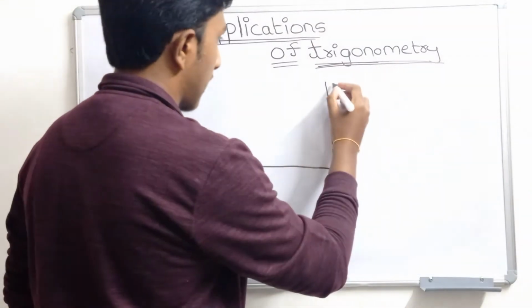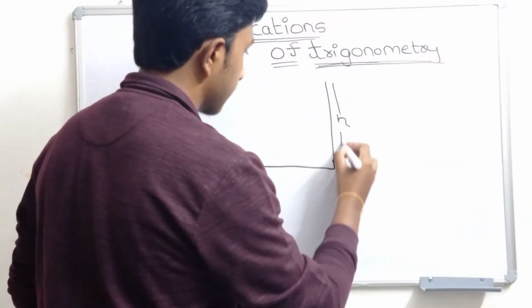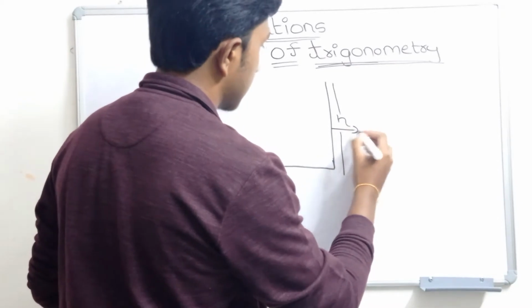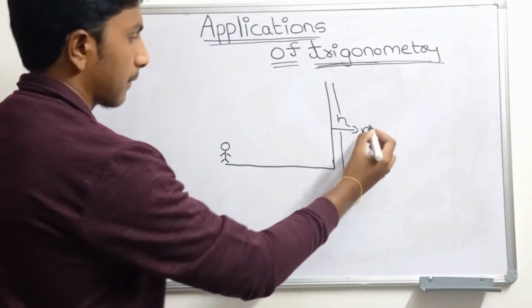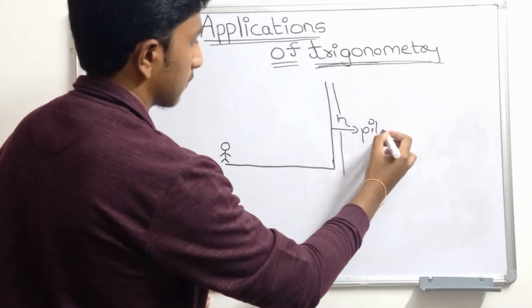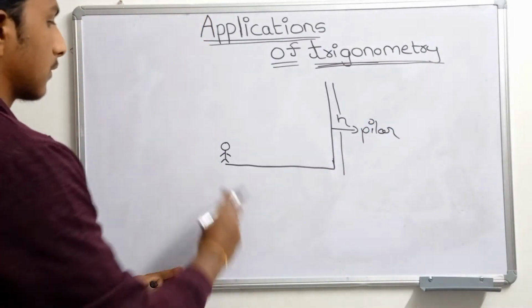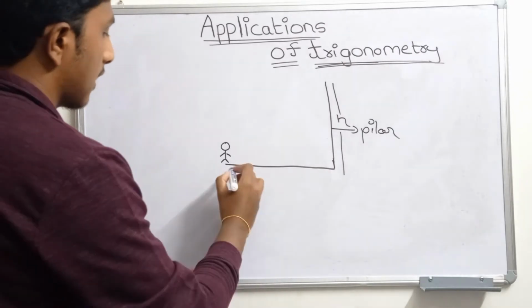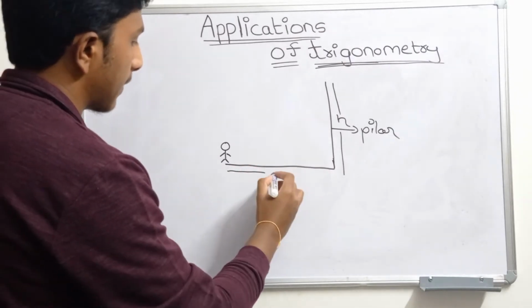Consider this as the height of the pillar. The height of the pillar is h, and the distance between the man and the pillar is d.